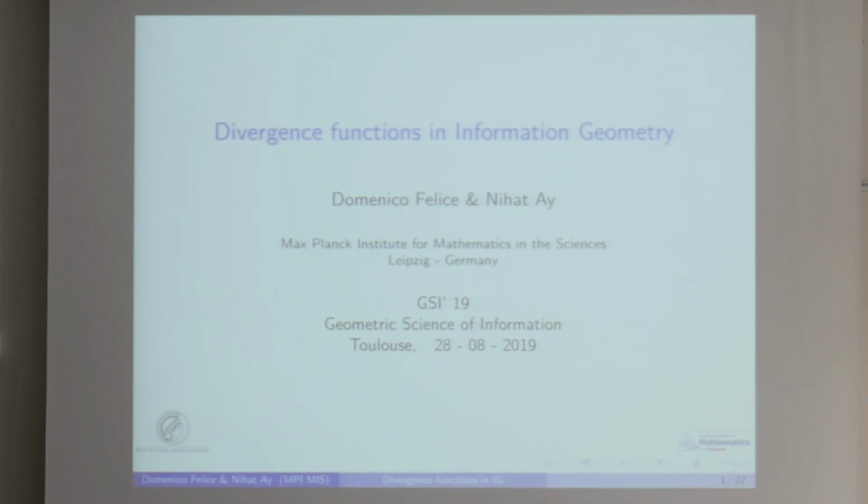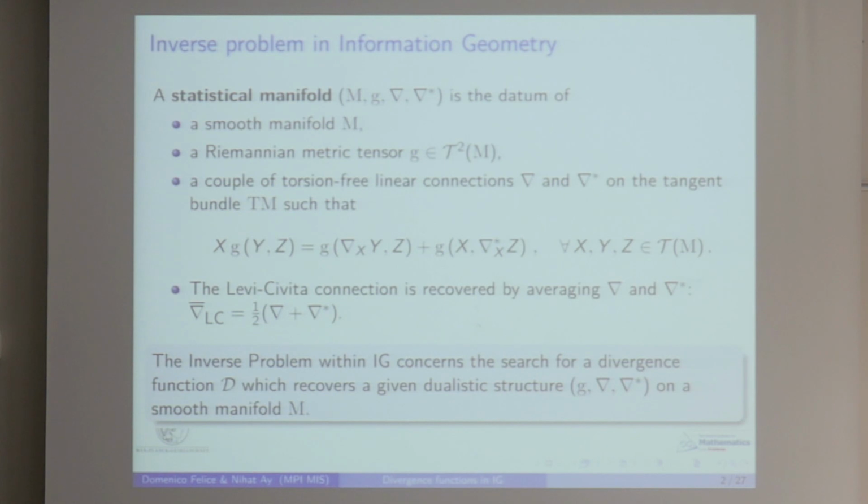So let us first introduce the main object of study in information geometry, that is a statistical manifold. It is given in terms of a smooth manifold, a Riemannian metric G, and a couple of torsion-free affine connections, nabla and nabla star, that are dual with respect to the metric G. Just to remark that the concept of a statistical manifold is a generalization of a Riemannian manifold.